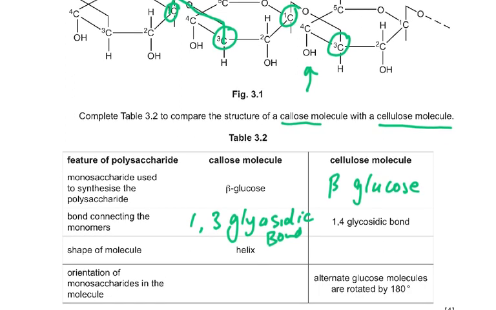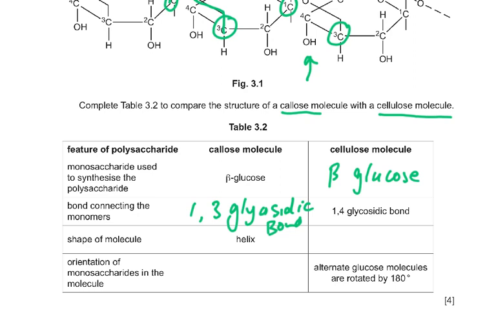Now the shape of the molecule is helix. This is not helix. This is straight or linear. Or you could have said linear. Then orientation of the glucose: alternate glucose are rotated by 180 in cellulose.